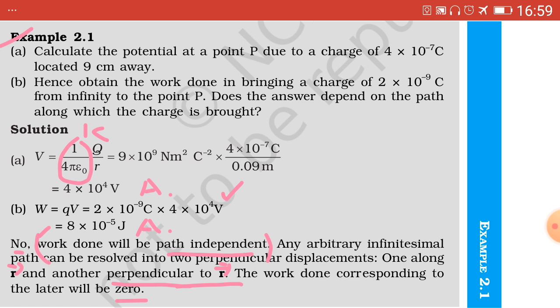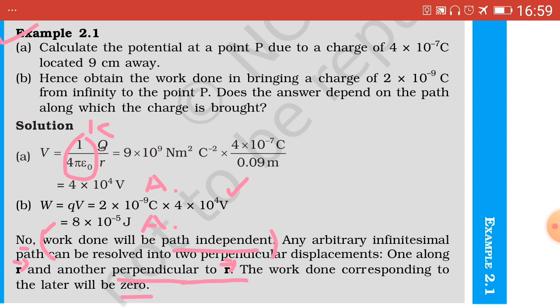For K, substitute 1 upon 4 pi epsilon 0. Now the value of 1 upon 4 pi epsilon 0, that is K, equal to 9 × 10^9 Newton meter square per coulomb square, that is the unit, into substituting the value of charge capital Q, 4 × 10^-7 C, upon the value of small r, that is 9 centimeter.